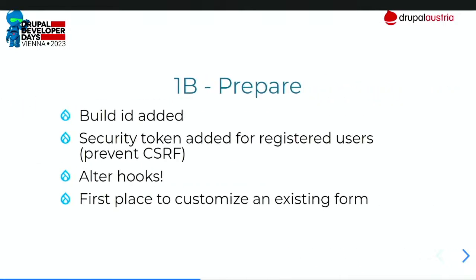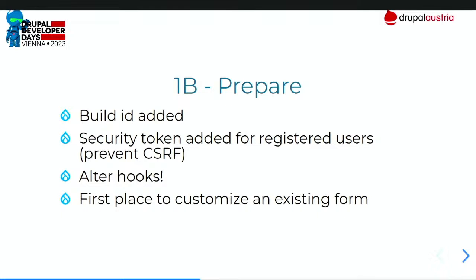Then we have the prepare stage, where the build ID is added and the security token is added. The security token prevents cross-site request forgery. This usually happens with registered users, so it's only added for requests made by registered users.